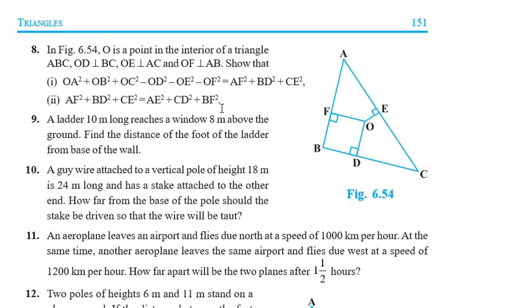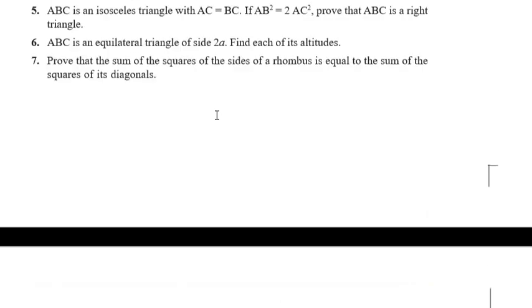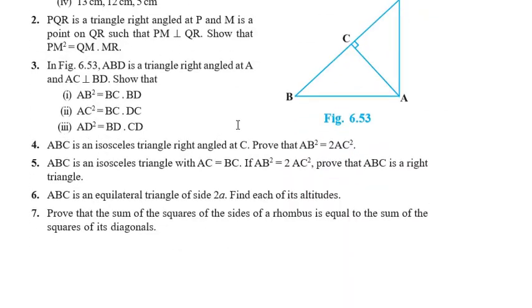Okay, very important exercise. You should know all these problems and most importantly you should be able to solve any kind of problem involving Pythagoras theorem by yourself. Only one concept is there, that is if one angle is 90 degrees, then sum of squares of two sides is equal to square of hypotenuse, and if sum of squares of two sides is equal to square of the third side, then it is a right angle triangle, converse of Pythagoras theorem.